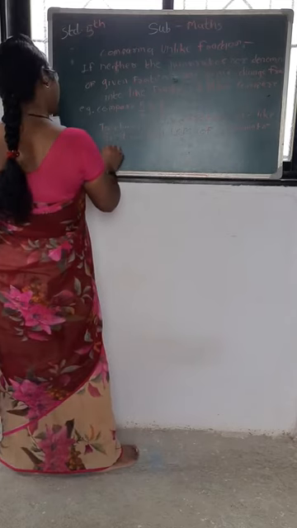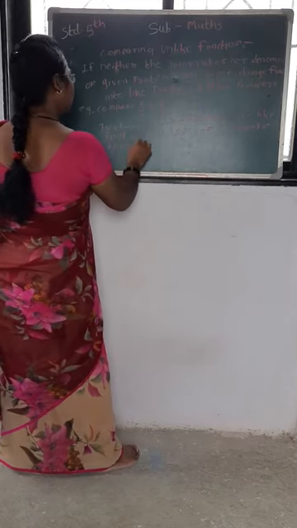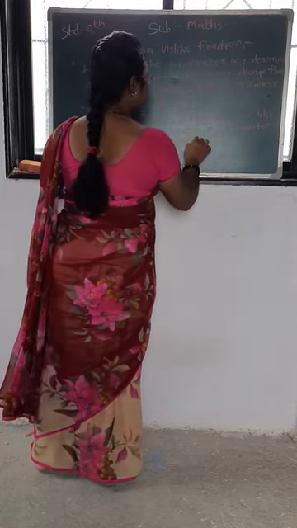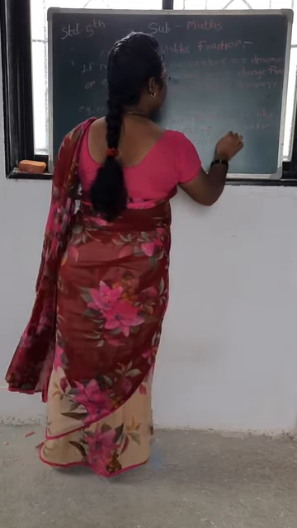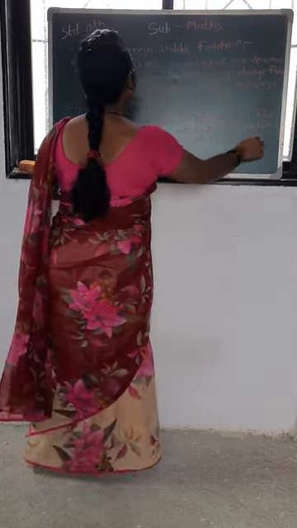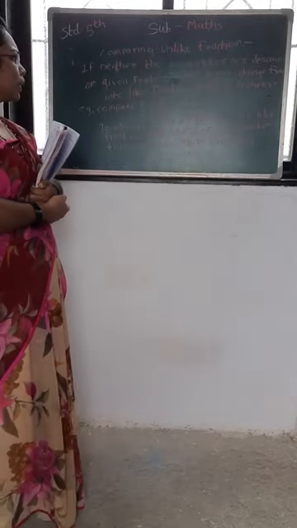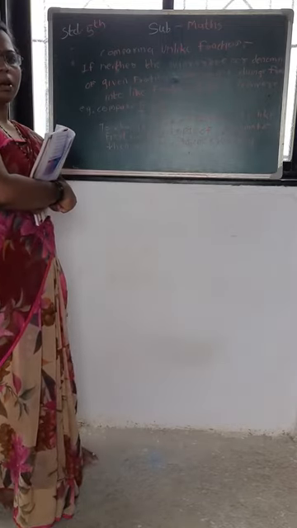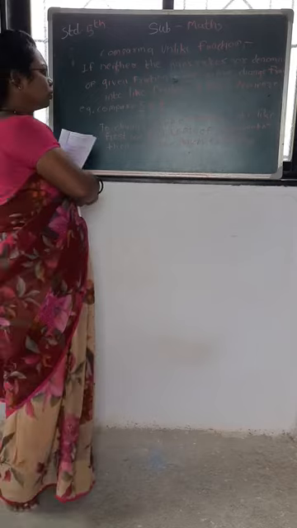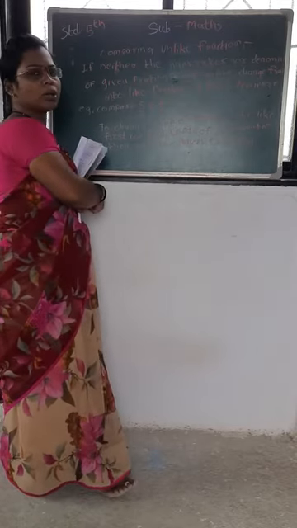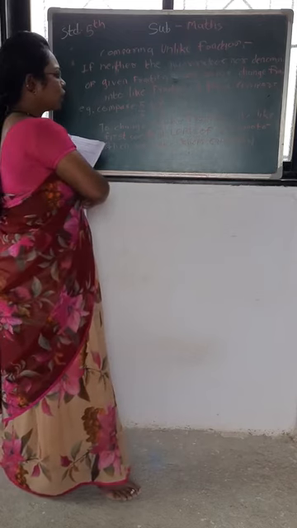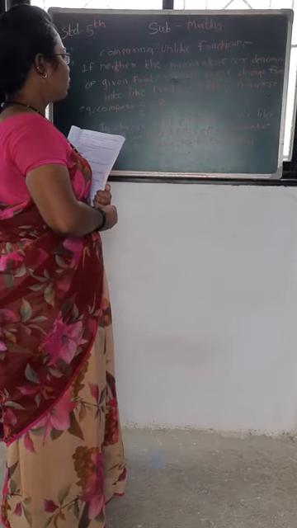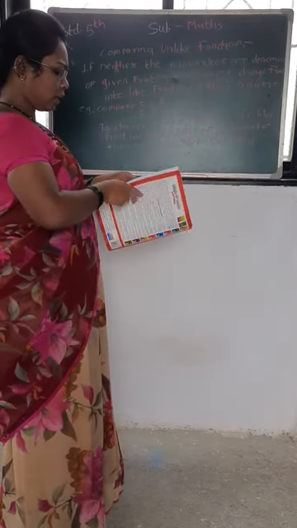Then we make equivalent fractions. These two fractions are unlike fractions, as neither the denominators nor the numerators are same.